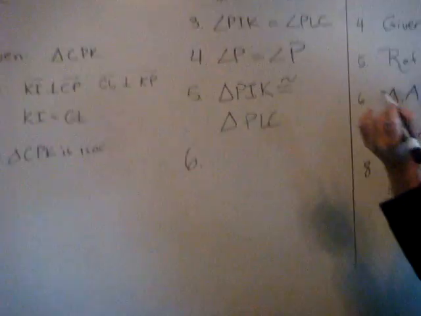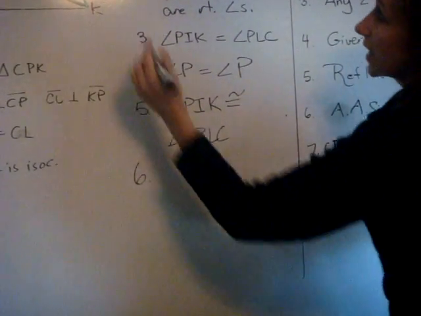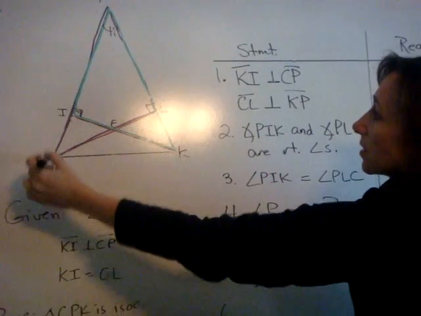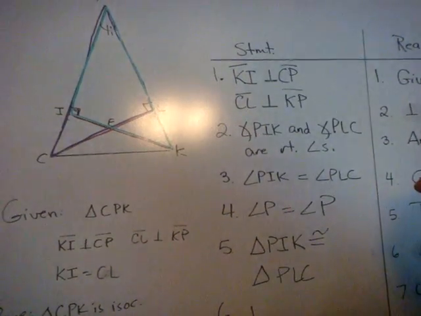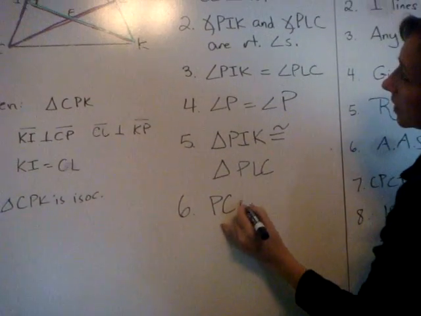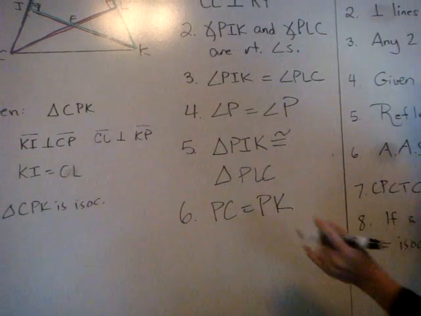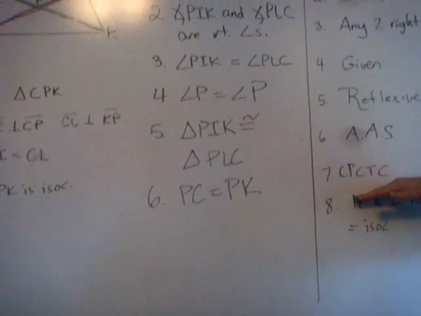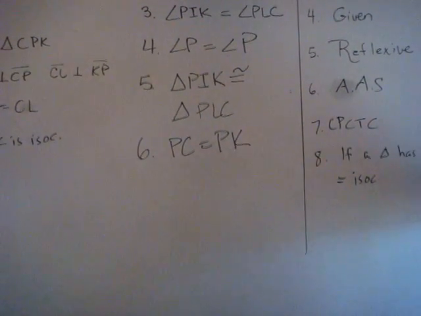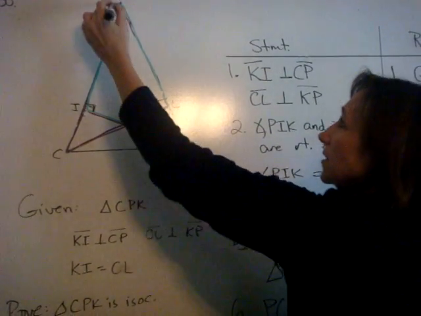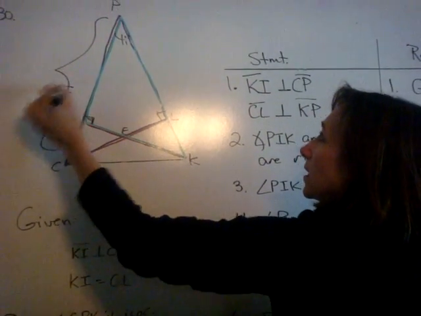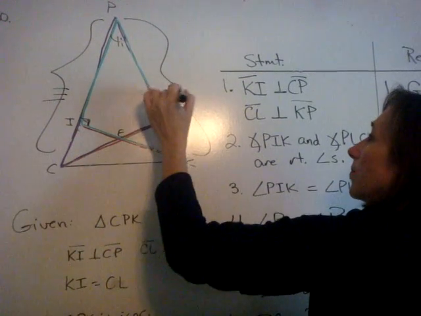Then, once we get that, we can say that there's these parts. The purple part here is equal to the green part here. So we can say PC is equal to PK, and that's our corresponding parts. The congruent triangles are congruent. And as you can see, this is the triangle, and we have this side is equal to this side.